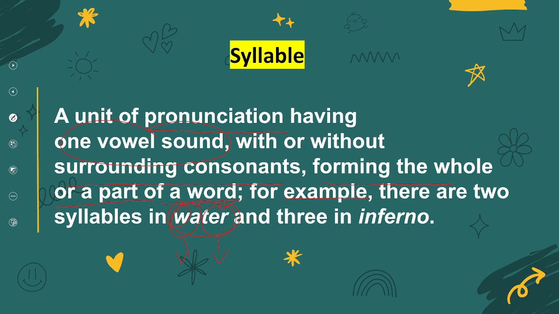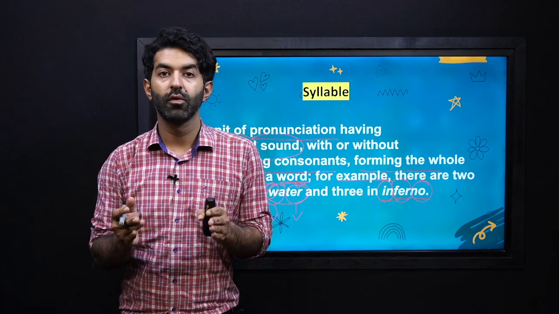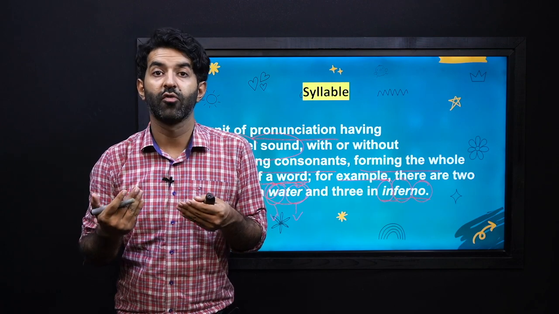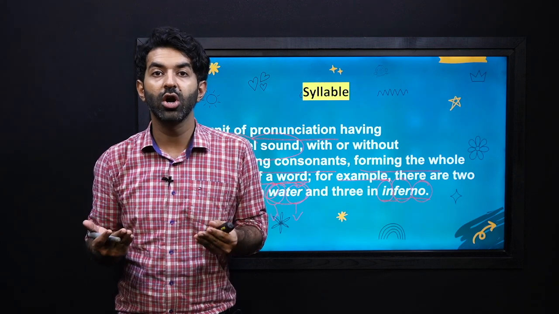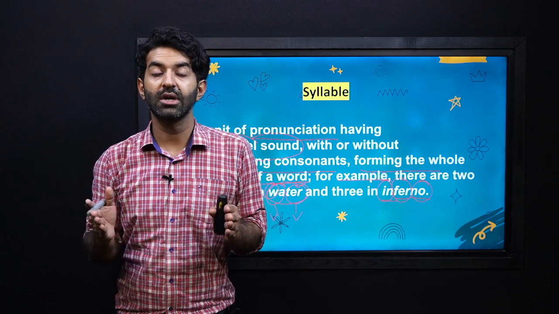And there are 3 syllables in the word inferno, and each of these syllables has a consonant and a vowel. So when we say the word inferno, we are actually changing the shape of the mouth to force out the word. So there are 3 syllables. We pronounce it like that.